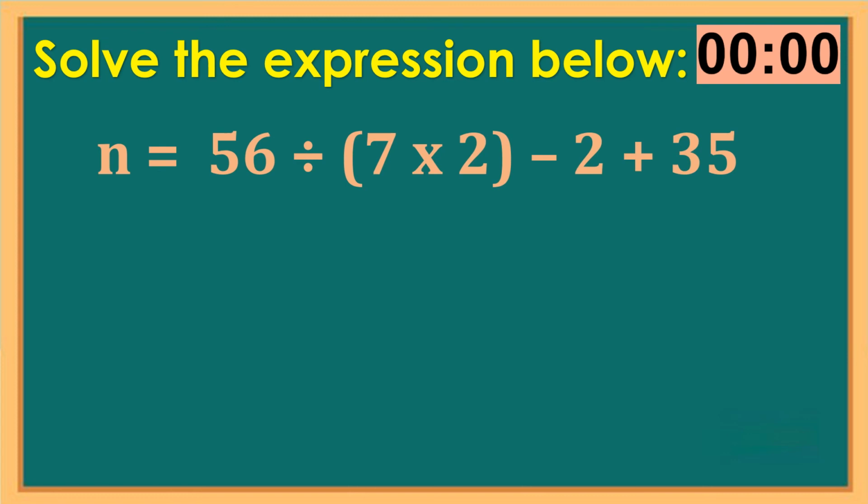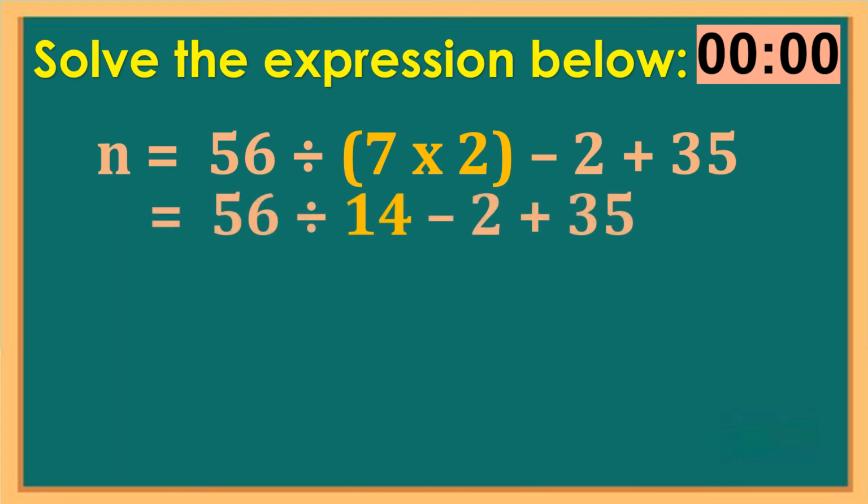We will start with the one inside the parentheses. 7 times 2 equals 14. Then we have 56 divided by 14 for division, equals 4.